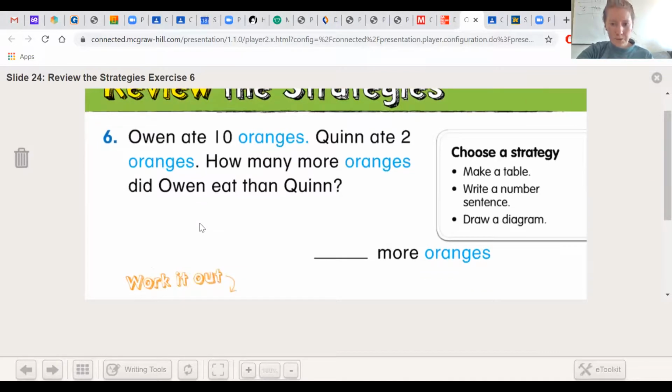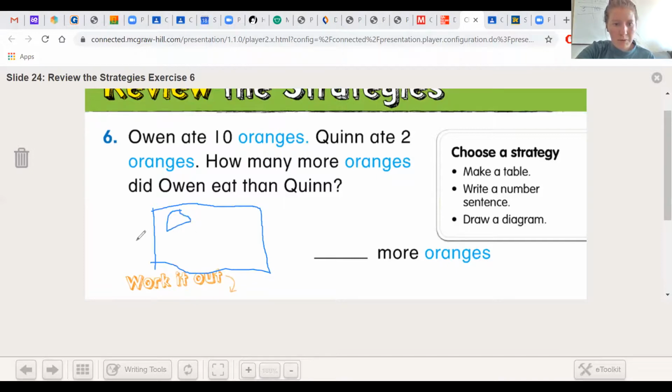Owen ate 10 oranges. Quinn ate 2 oranges. How many more oranges did Owen eat than Quinn? All right, let's draw our table. All right, so we know I'm going to do an O for Owen.